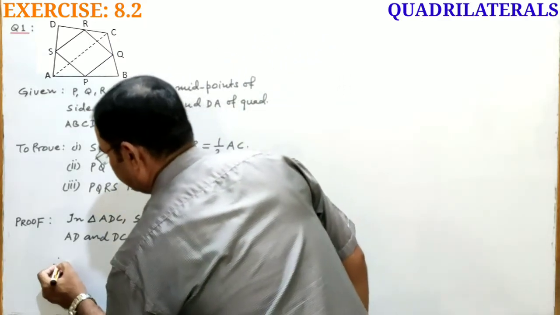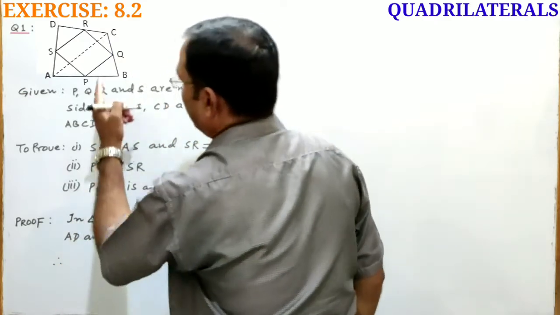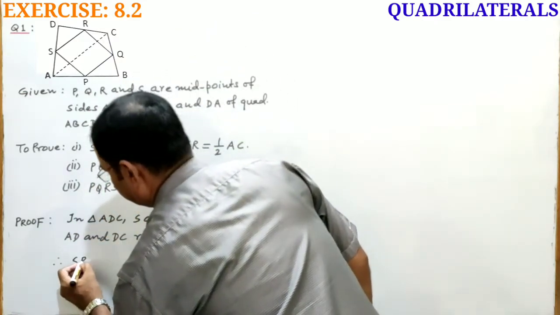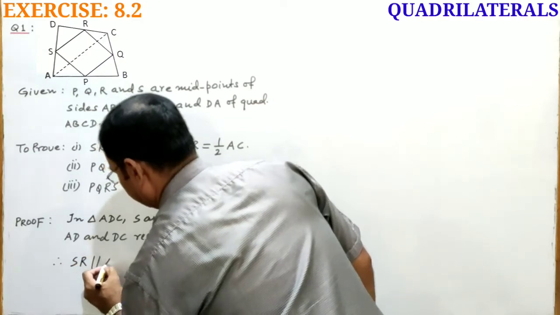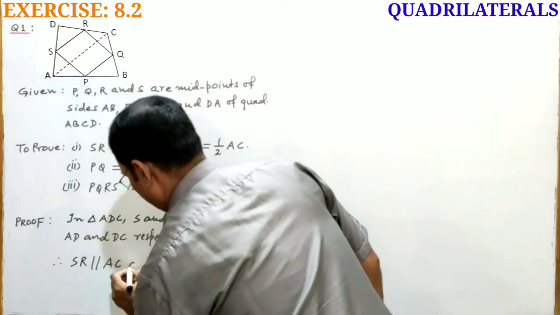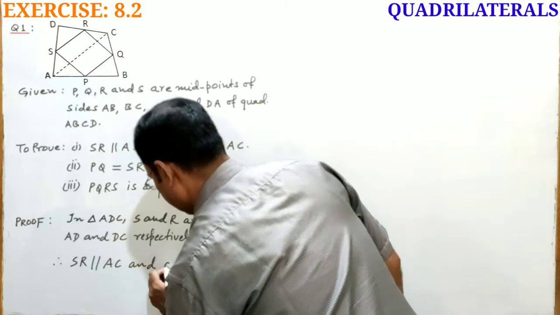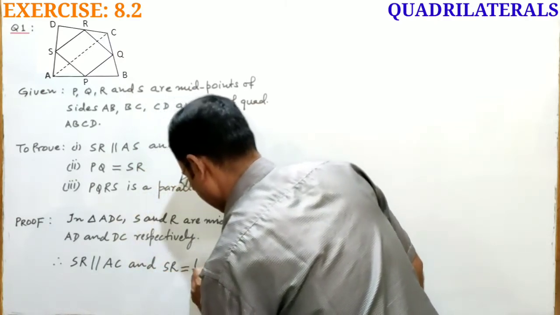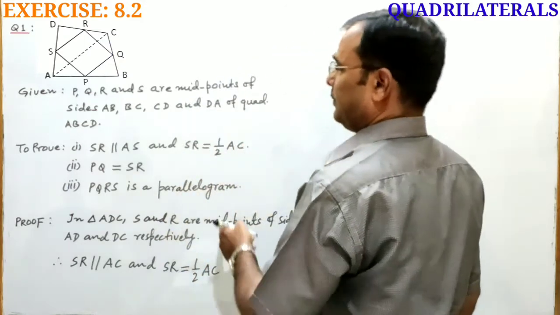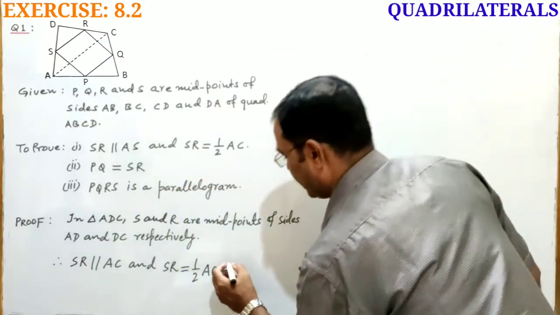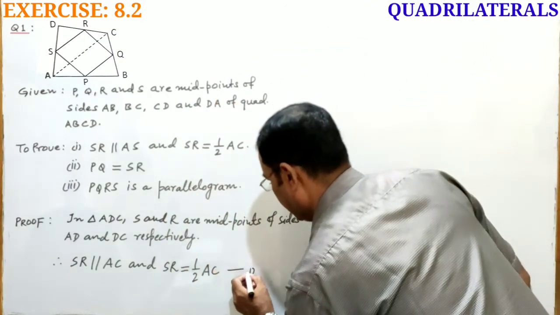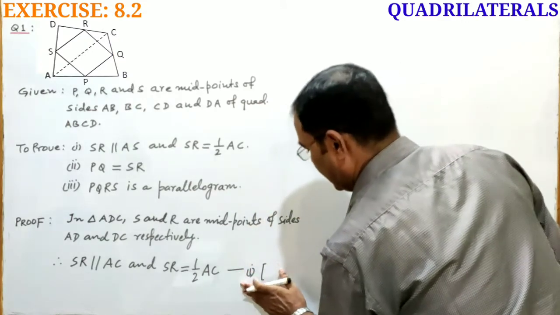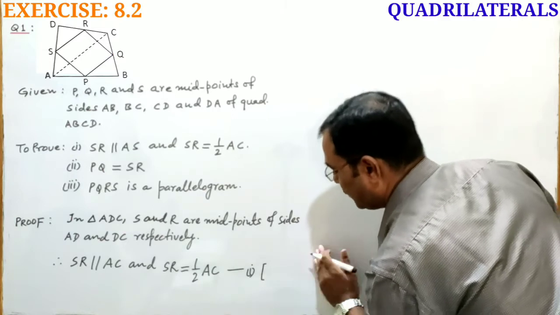Therefore, SR is parallel to AC. And SR is equal to half AC. This is from midpoint theorem. Let it be number 1. This result we have written using midpoint theorem.